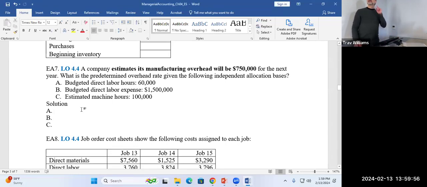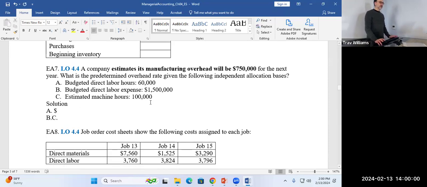Okay. $12.50. You take the $750,000 and you divide it by 60,000 labor hours, it comes out to $12.50, right? Did anybody get anything different? Okay. What if we divide the 750,000 by the $1.5 million of labor costs? 0.5.